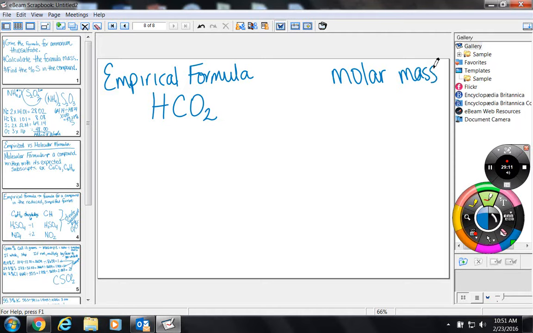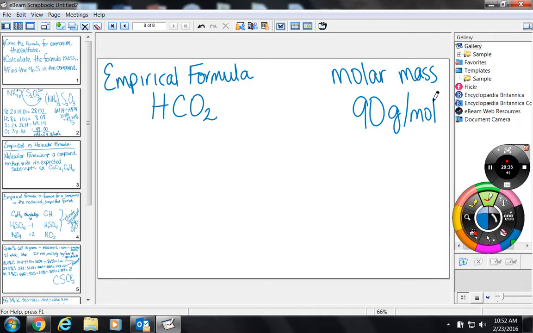The molar mass is the mass of the actual compound, not the empirical compound. So the first one is just the simplified. Exactly. So if this is 90 grams per mole, what's the mass of this?